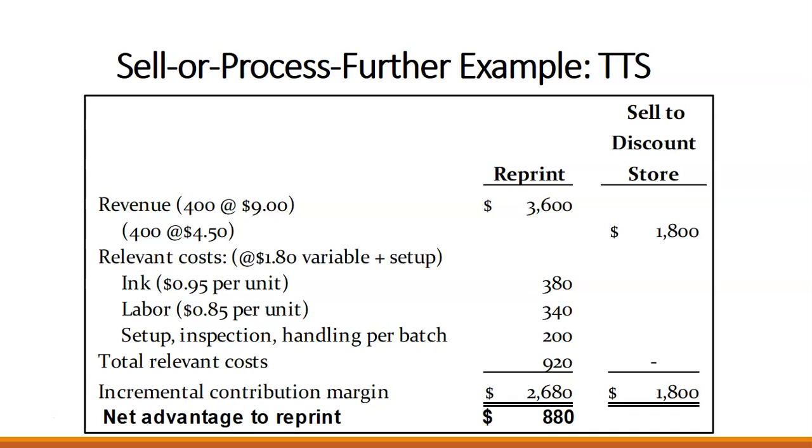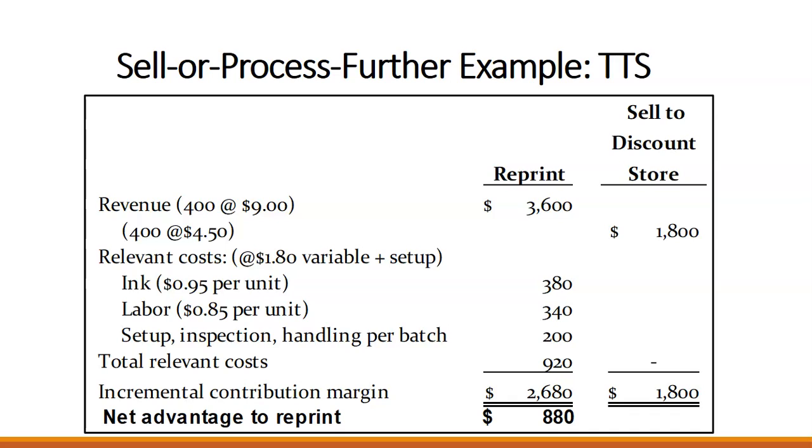Our relevant costs are those additional costs that we have to factor in to reprint. So we will have an additional $1.80 variable plus one setup. Therefore, our advantage to reprint is $880.